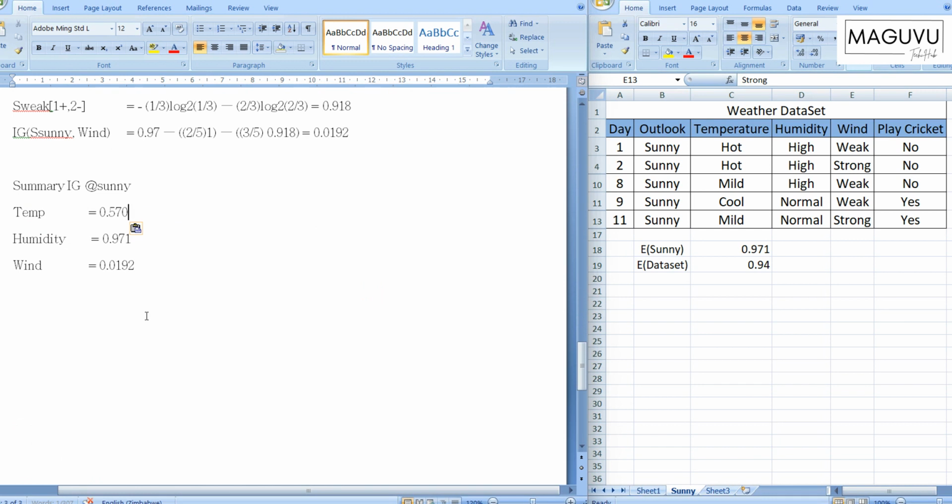So if we are then going to consider these values there, and we want to pick the one with the highest, you see that we are going to consider 0.97. So this one becomes next node.